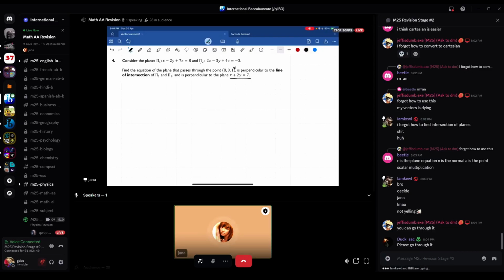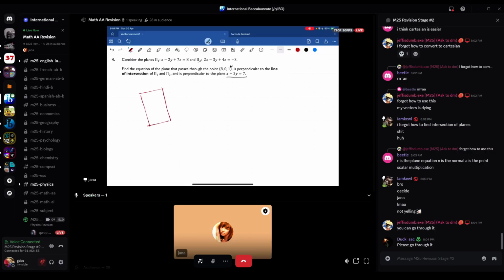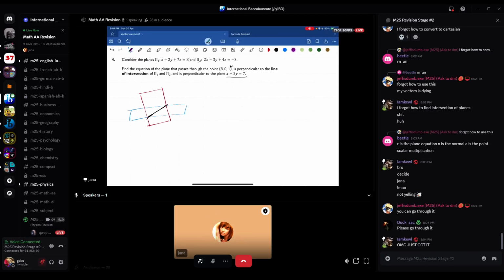All right, great. So the first thing I'm going to do is draw it. We have a plane pi 1 and a plane pi 2, and they're intersecting at this line. And we want a plane that's perpendicular to this line.